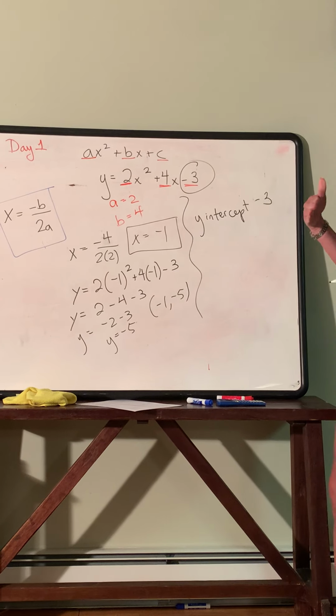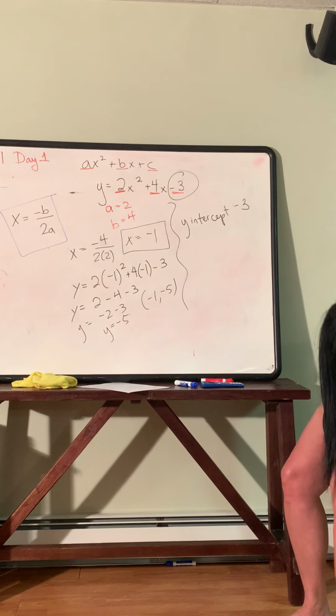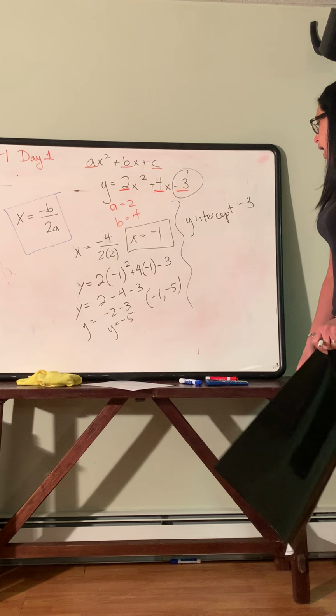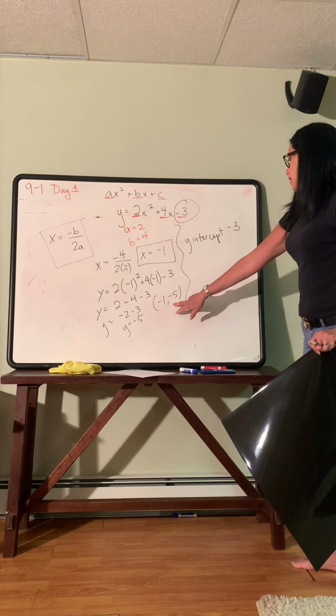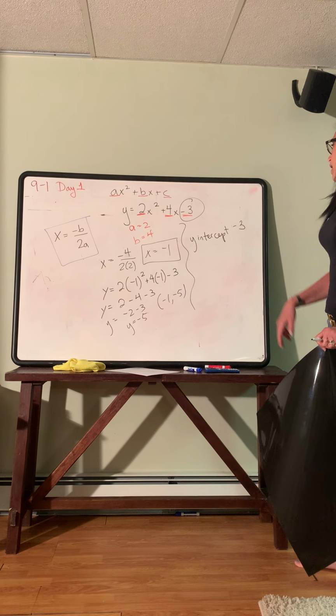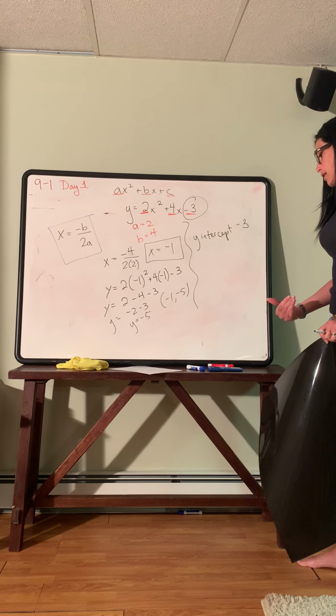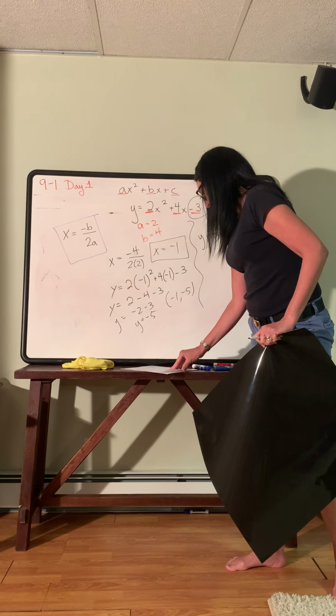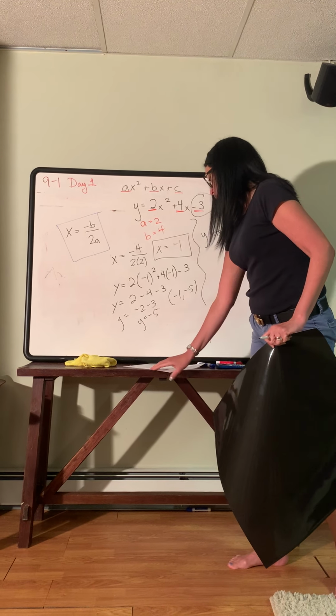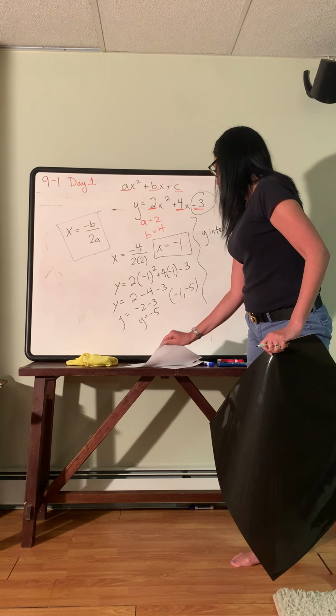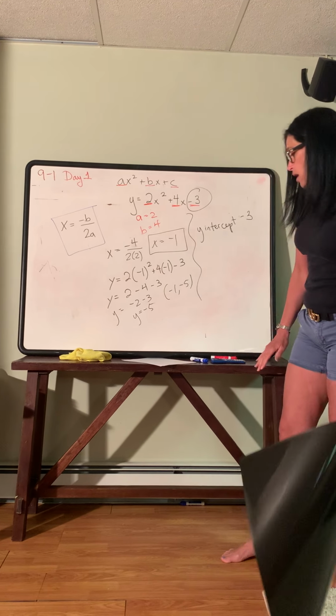Before, on the first problem, we didn't really know where to start, we were just picking any number. Now I know that I have a coordinate of -1, -5, and my y-intercept is -3. Technically, I could graph from there. They're not asking me to graph it, but I could, because I have 2 points and I know that things are symmetrical.